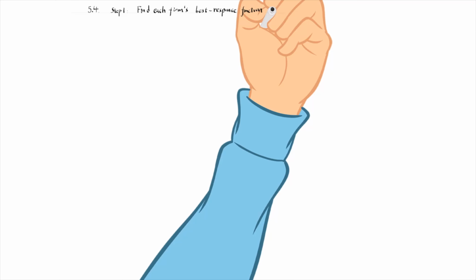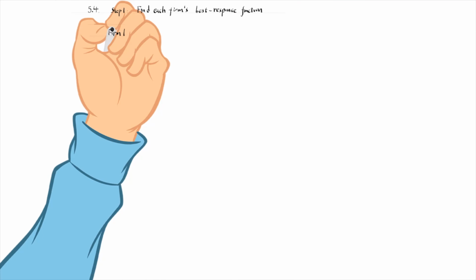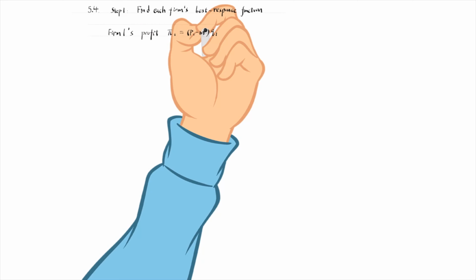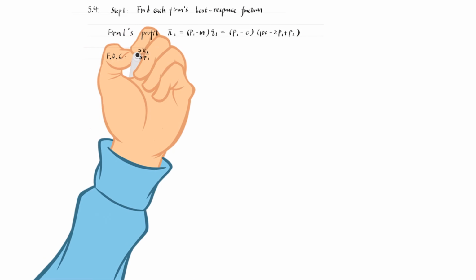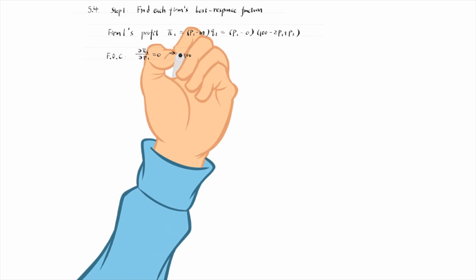Firm 1's profit function is as follows. The first-order condition for profit maximization is the partial derivative of profit with respect to price equals 0. It leads to Firm 1's best response function.